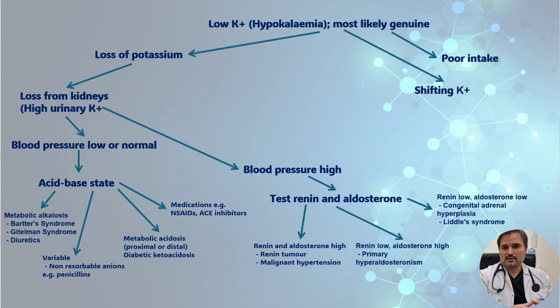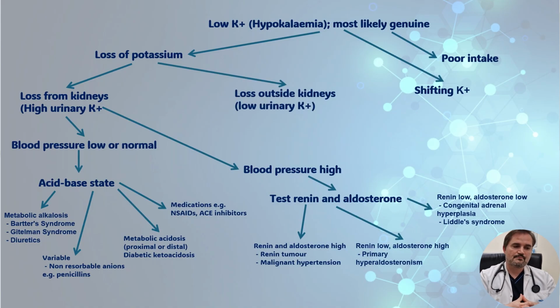If your kidneys do not leak lots of potassium, but you still have a low potassium, perhaps you're losing that potassium from other parts of the body. So severe diarrhea, vomiting, other causes for you to be losing the salt.